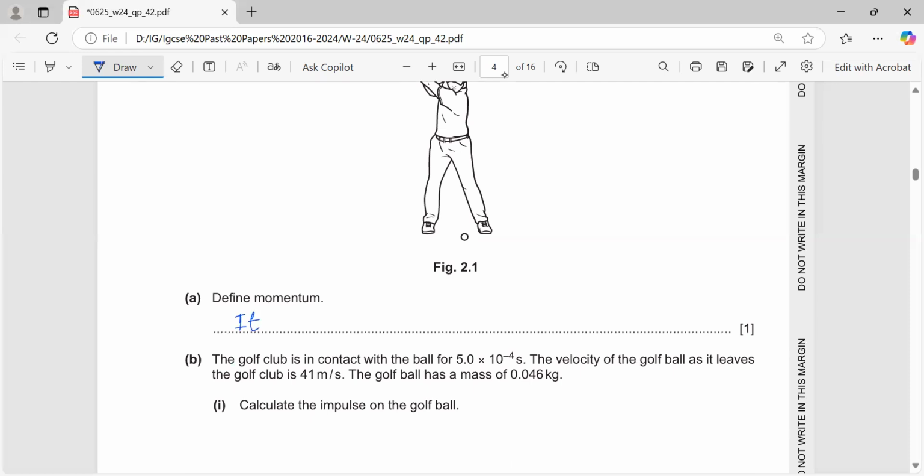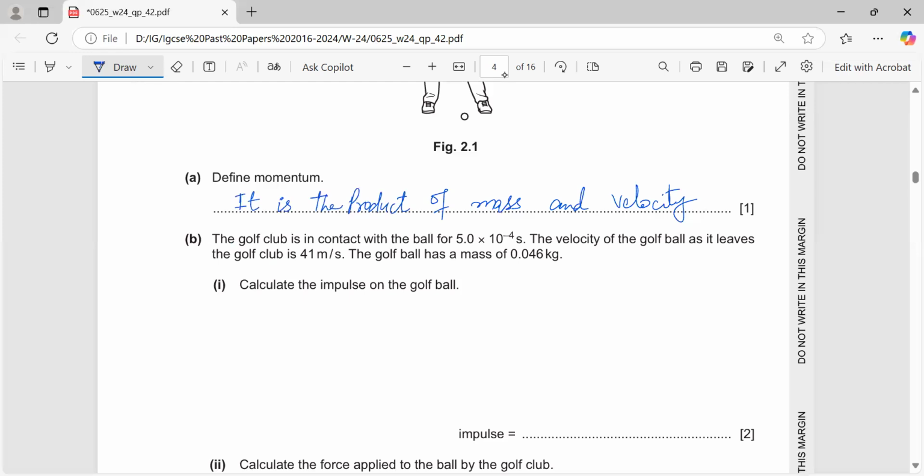So I am writing simply it is the product of mass and velocity. The golf club is in contact with the ball for this much time.